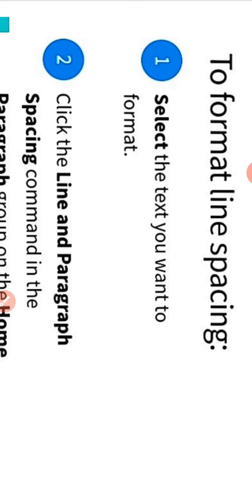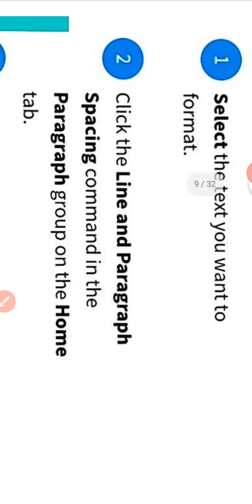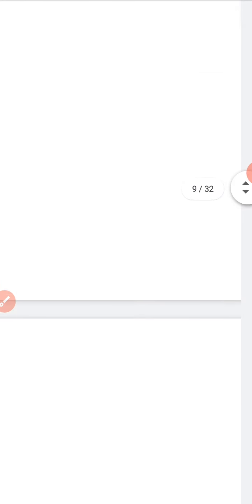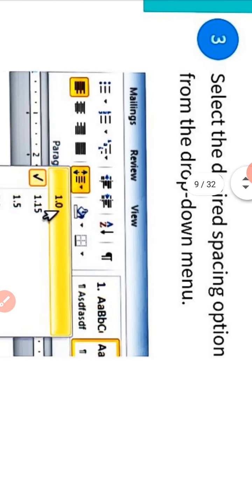To format line spacing, the following steps are to be followed. Step 1. Select the text you want to format. Step 2. Click the line and paragraph spacing command in the paragraph group on the Home tab. Step 3.